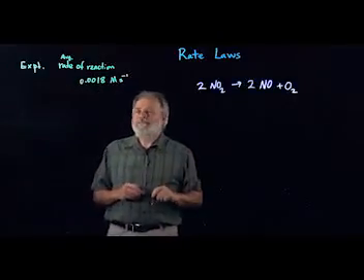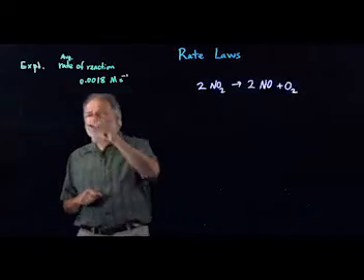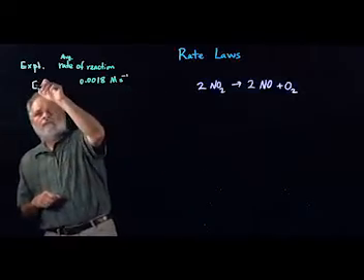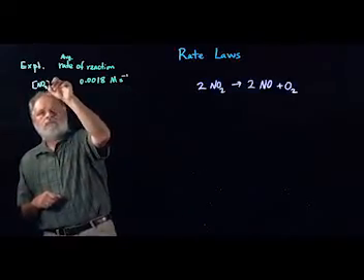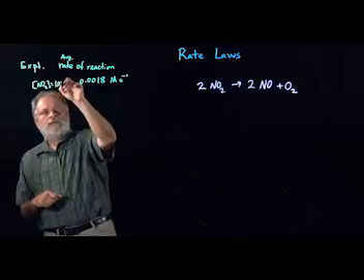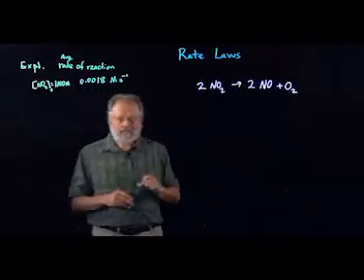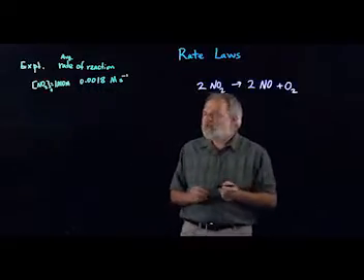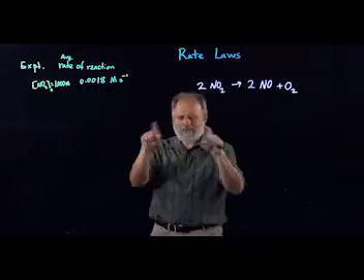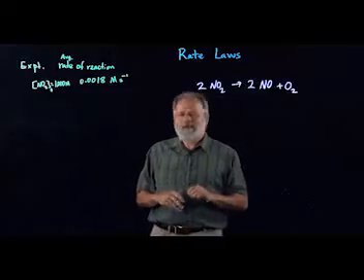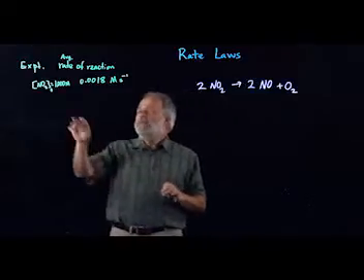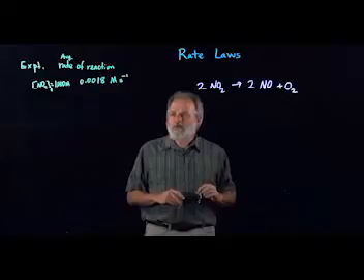And that was when NO2 started out at 1 molar. Okay, so we're going to put a little subscript 0 on the square bracket. The square bracket is what we're going to use for notation for concentration and molarity. So the initial concentration was 1 molar.